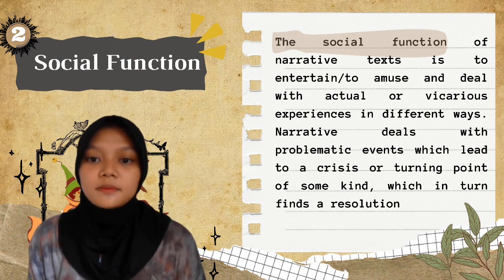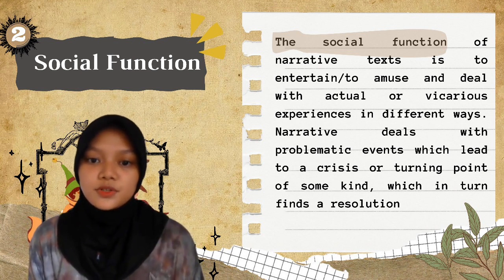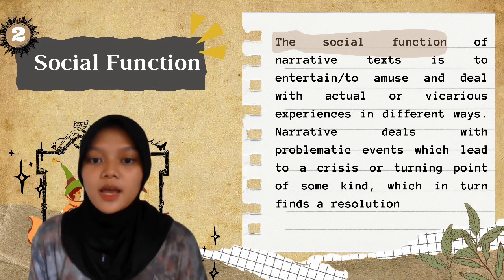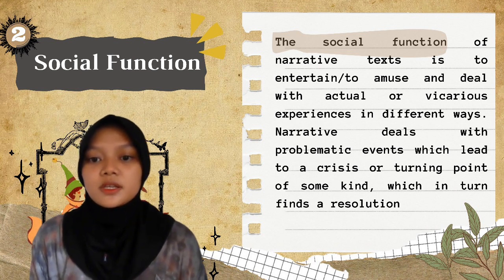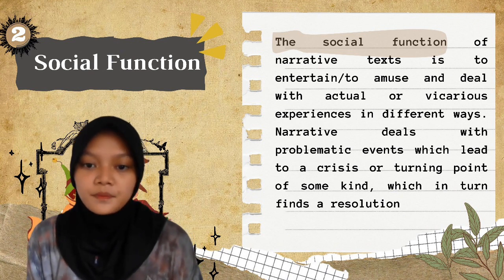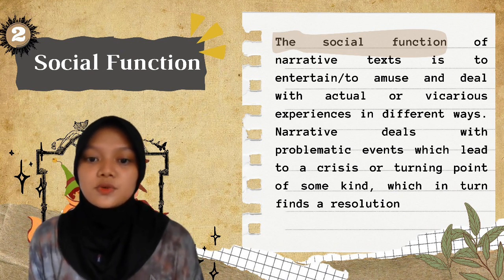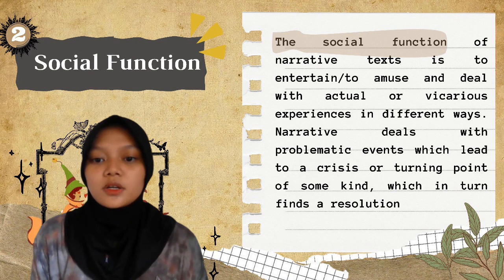They can be used to entertain or amuse people, as well as help them deal with real-life experiences or experiences they may have only witnessed through others. These stories often involve problems or challenges that the characters must face, which ultimately lead to a turning point or crisis.